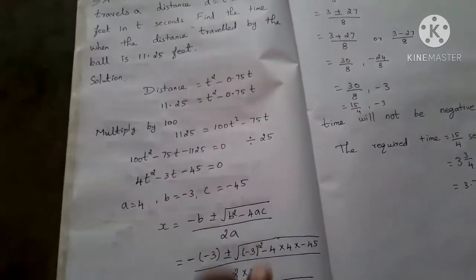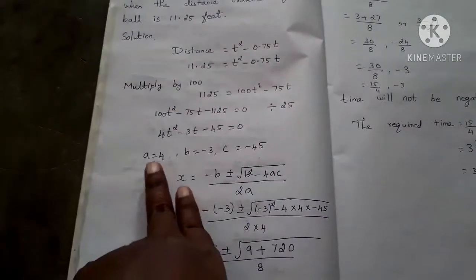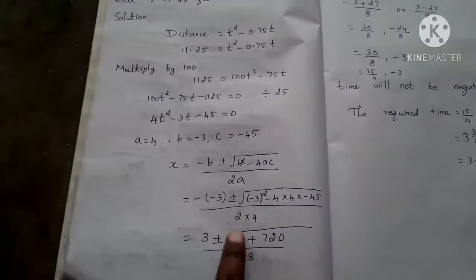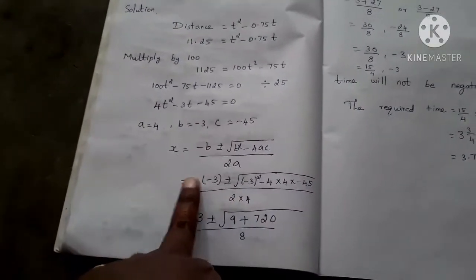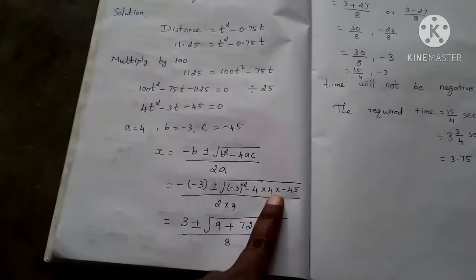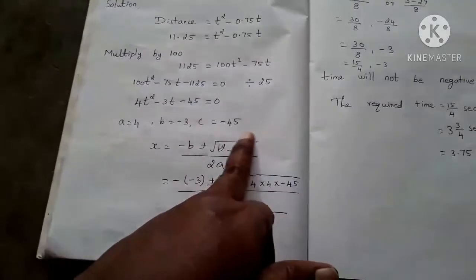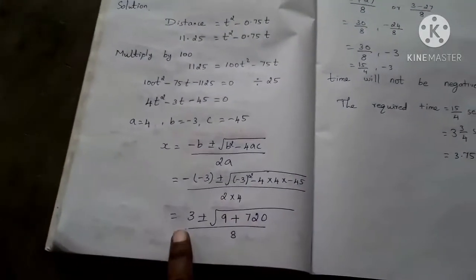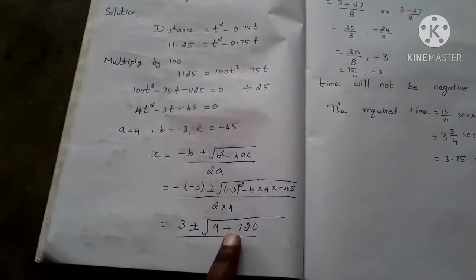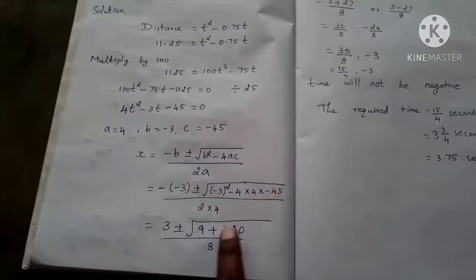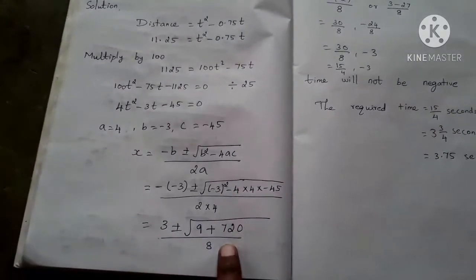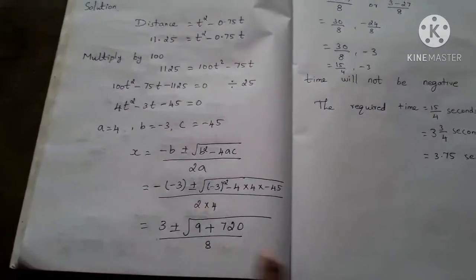Now use the formula method. a is equal to 4, b is equal to minus 3, c is equal to minus 45. So minus of minus 3 is 3, plus or minus root of minus 3 whole squared is 9, minus 4 into minus 45, minus into minus plus. 4 4s are 16, 16 into 45 is 720, and 2 4s are 8.